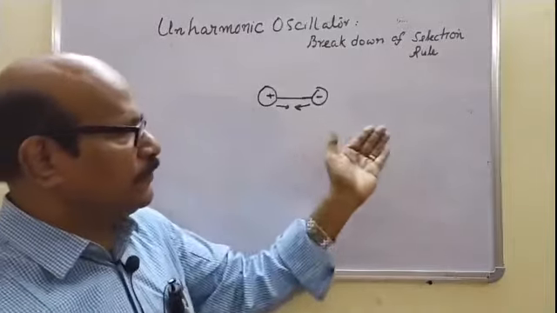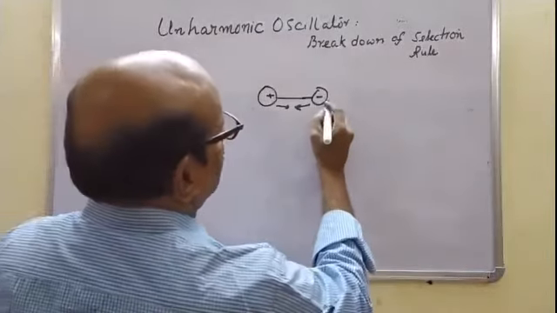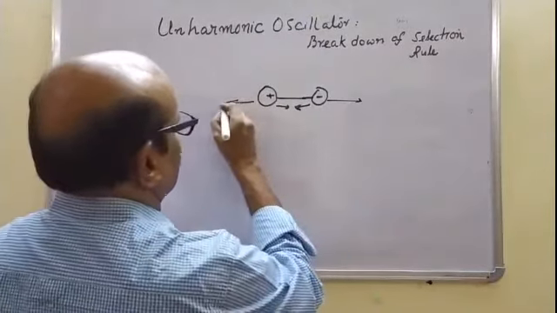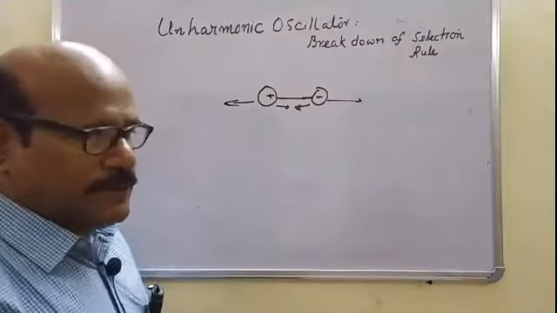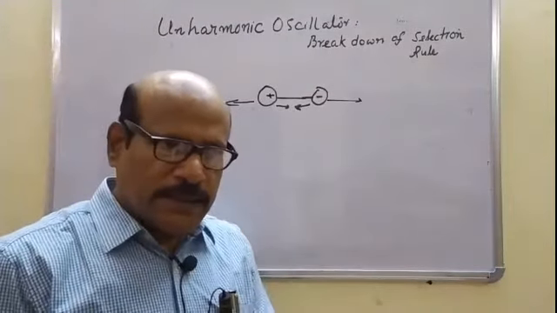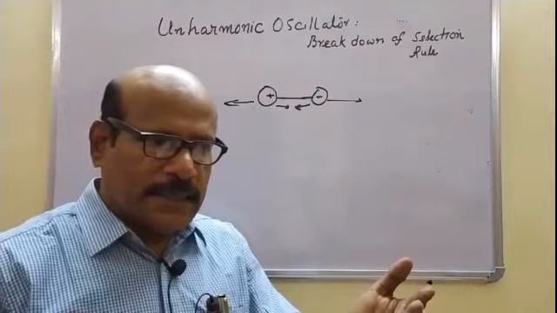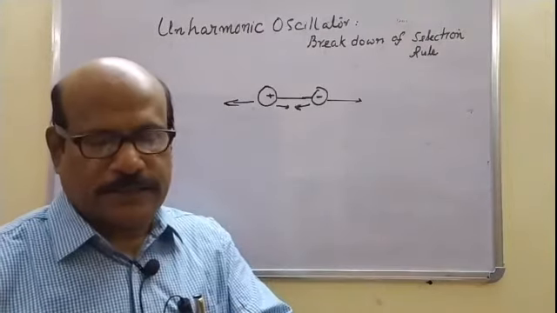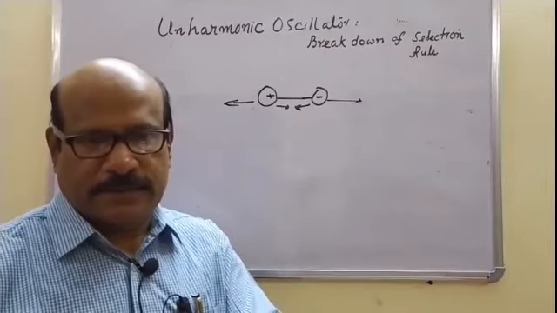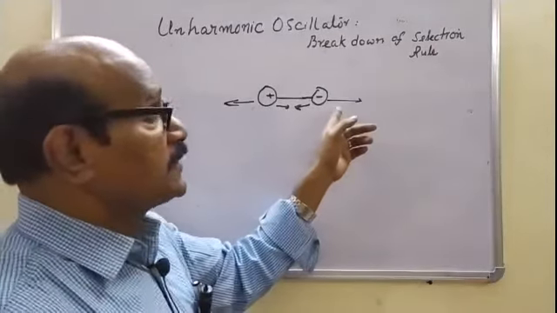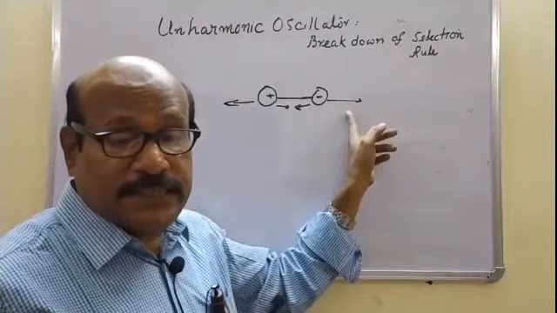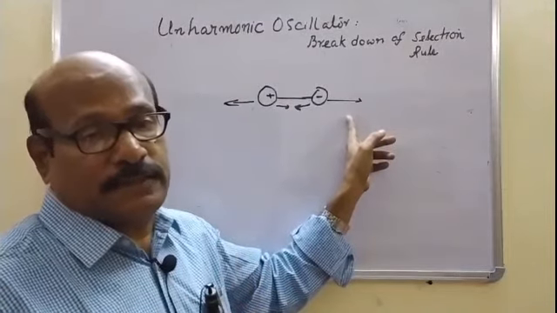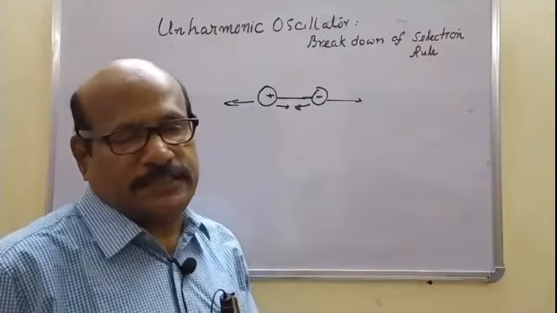On the other hand, on expansion, that is, on stretching, what happens? Here the restoring force is much lesser, so that during the stretching the resulting potential energy is slightly lesser than the ideal potential energy.